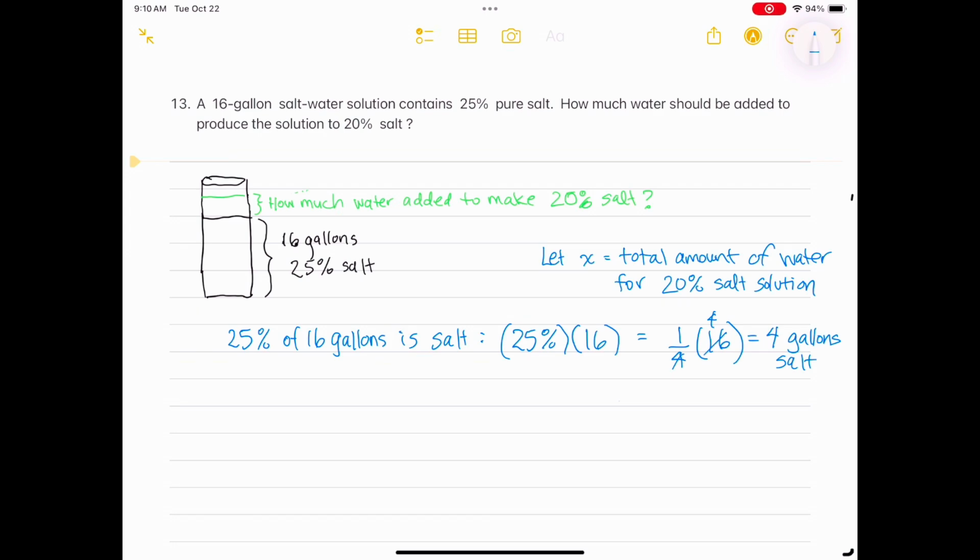So 4 gallons of this solution is salt. Next, we can think of this as a proportional problem. 4 gallons is to how much total solution, or 4 gallons is to x, equals 20% saltwater solution.